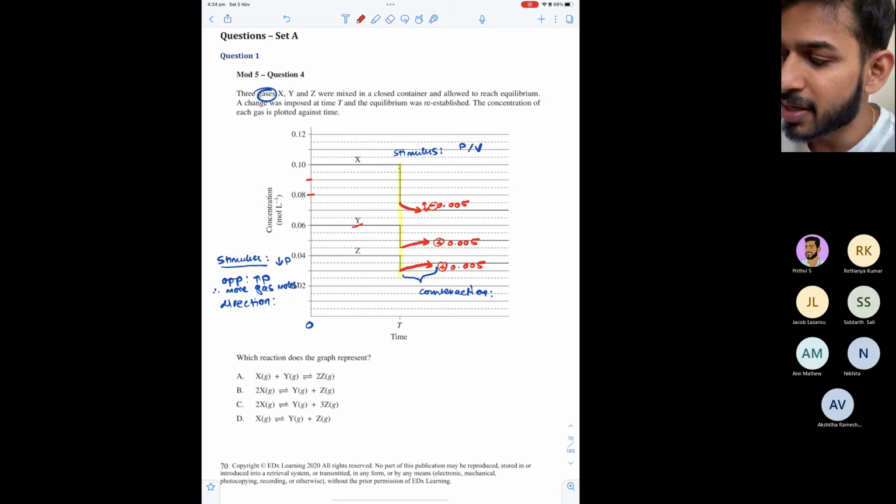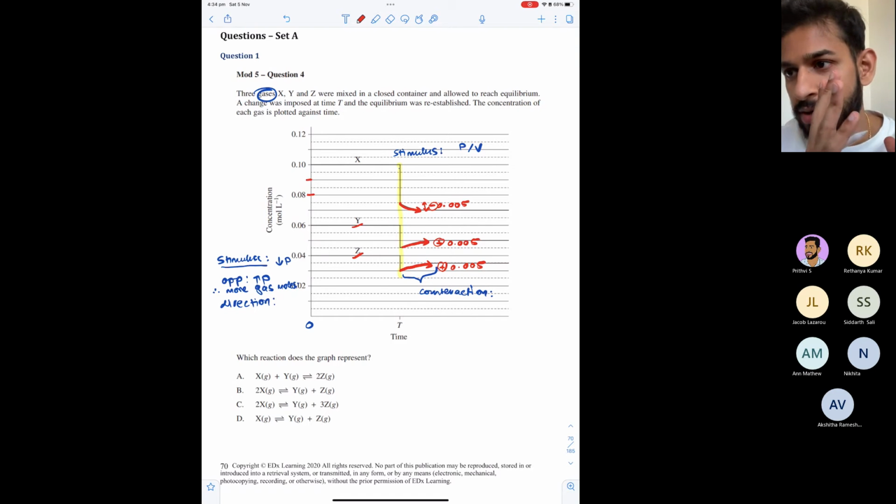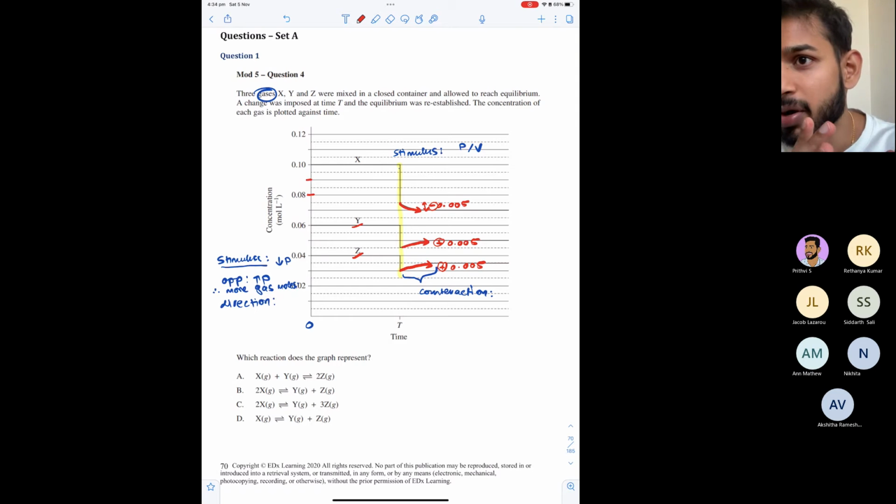It's telling you Y and Z belong on the same side of the reaction, and X, which decreased, belonged on the opposite side. So what's happened here is we've gone from the side of X and used X up, exactly 0.005 moles per liter, to produce 0.005 moles per liter of Y and Z.